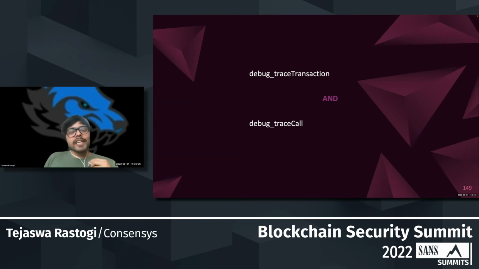So debug_traceTransaction, debug_traceCall. These are very cool methods, right? These methods are available in the Geth node with, obviously, debug mode on, features of debug and trace APIs. So what they do, let's talk about debug_traceTransaction.